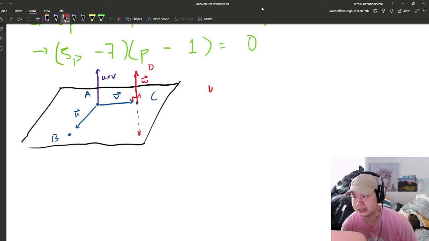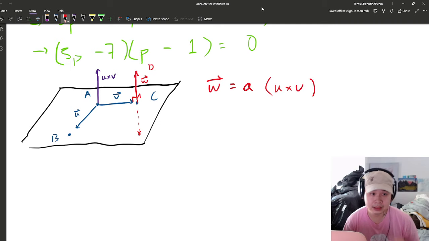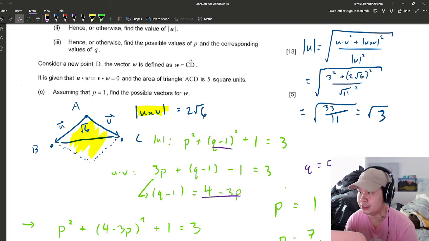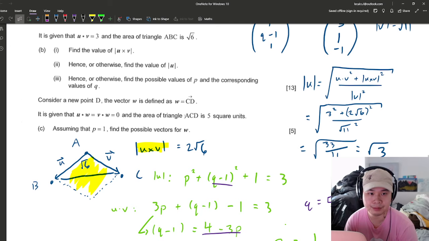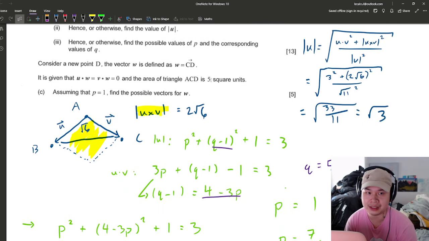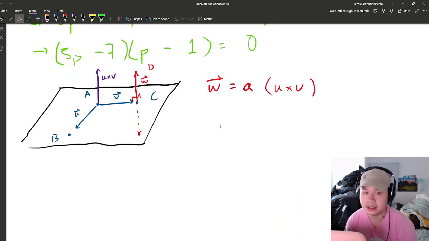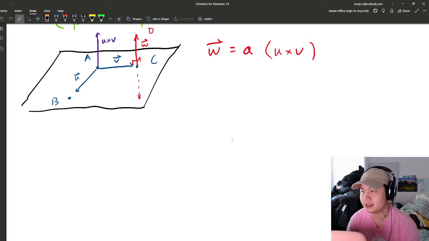In other words, W is a scalar multiple of U cross V. So first we should find out what U cross V is to find the general direction of W, and then we'll find the scalar because we can find out the size from this information here. Okay, U cross V. I hate taking cross products, this sucks.